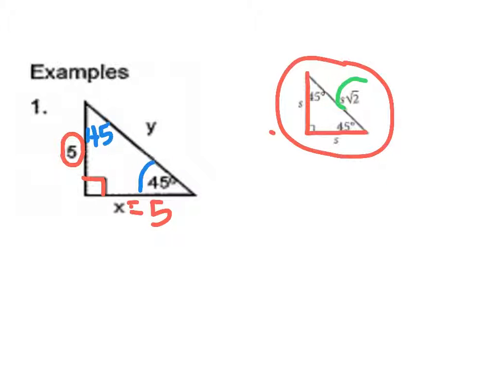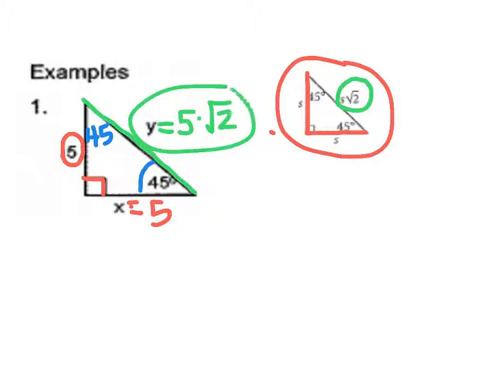The hypotenuse is S, which is the side or the leg, times the square root of 2. So that means Y, the hypotenuse over here, must be S, the leg, which is 5, times the square root of 2, which is just 5 square root 2. That's it. So these are my two answers. X is 5 and Y is 5 square root 2.